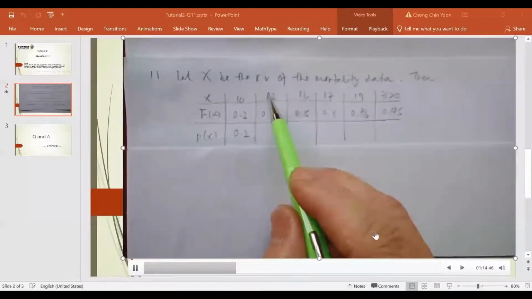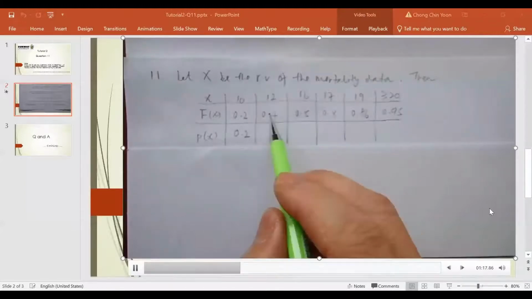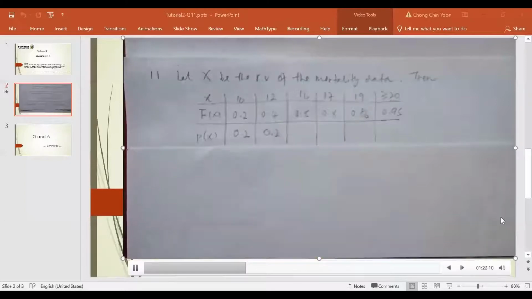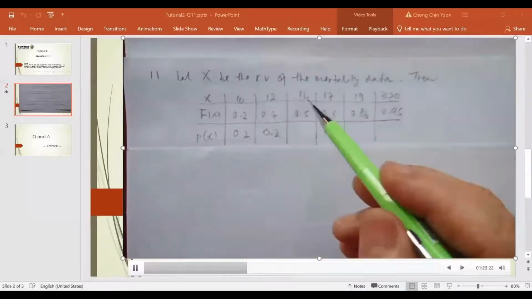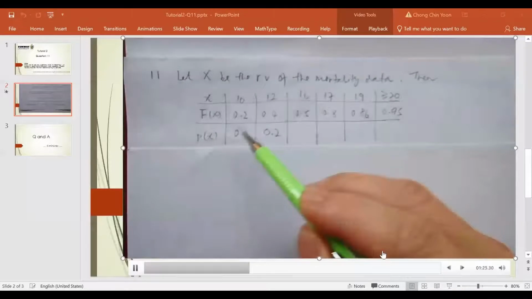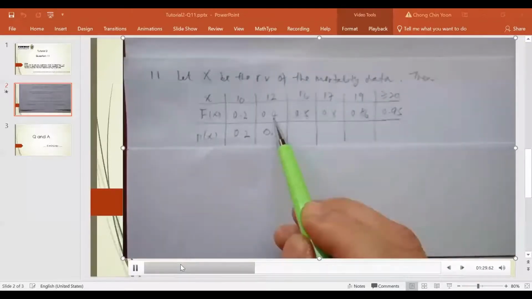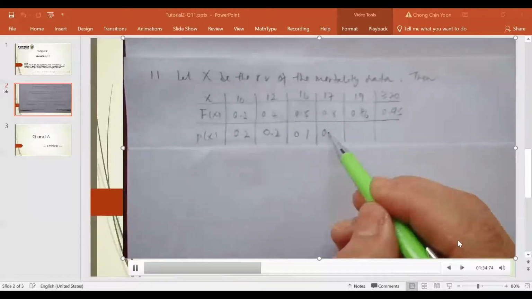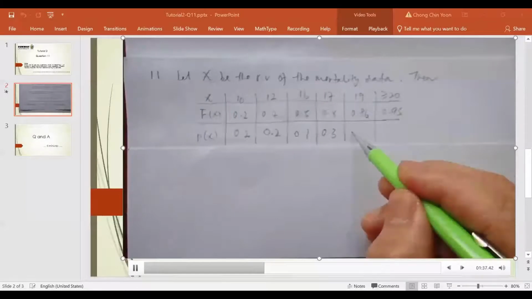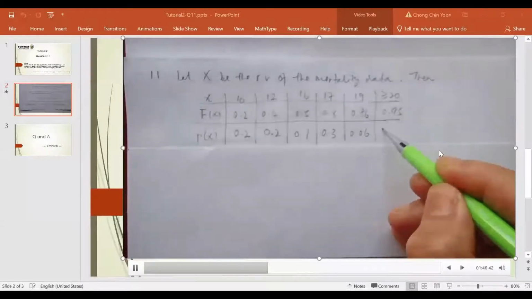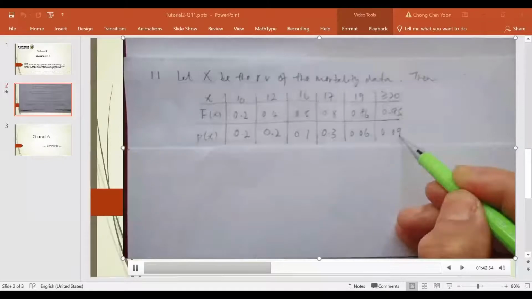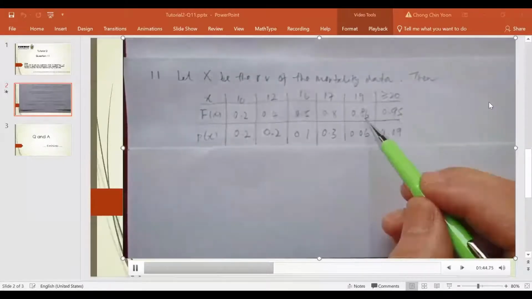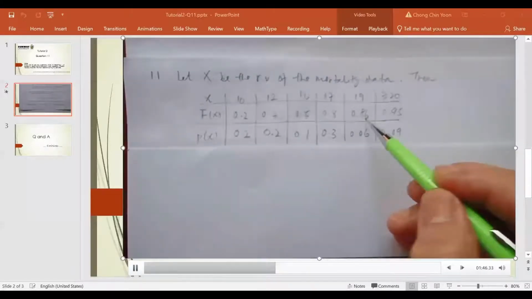For the next data, we take this CDF minus this, that is 0.2 as well. For data 16, taking this CDF minus this, that is 0.1. And so on. We will have 0.3, 0.06, and 0.09, when this 0.95 minus 0.86.